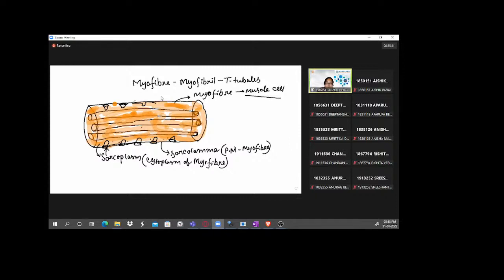And as we know, skeletal muscle is a multinucleated structure, so these are the nuclei. Nuclei do not have a different name like sarco-something; this roundish structure present in multiple numbers is the nucleus.